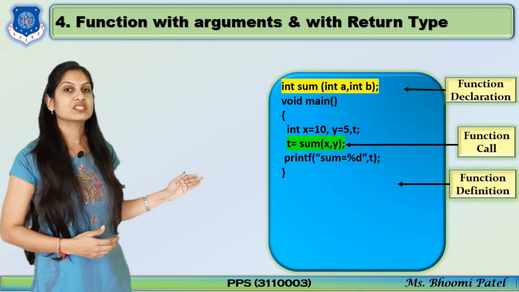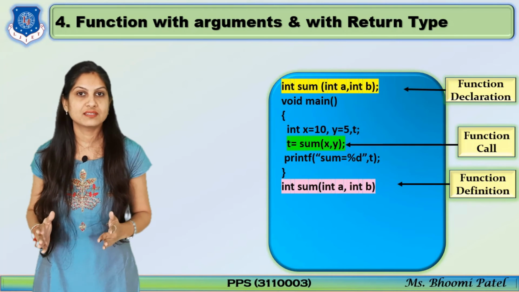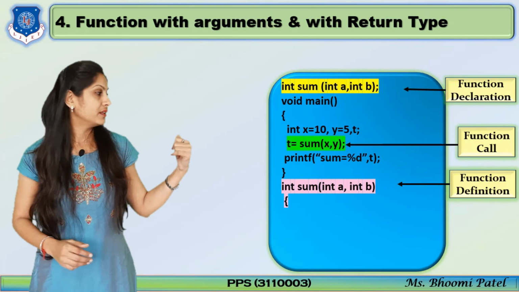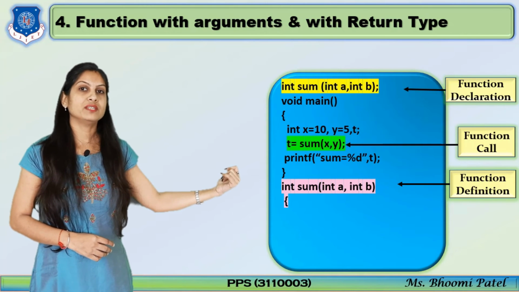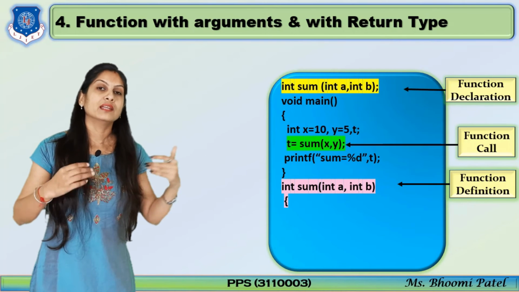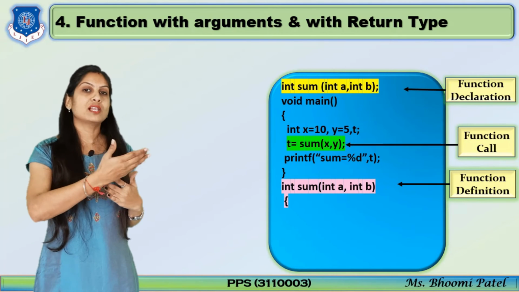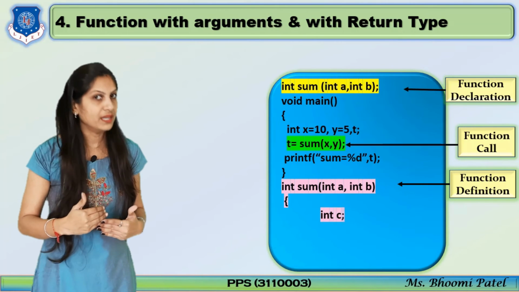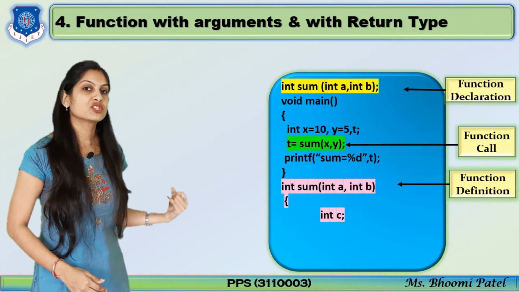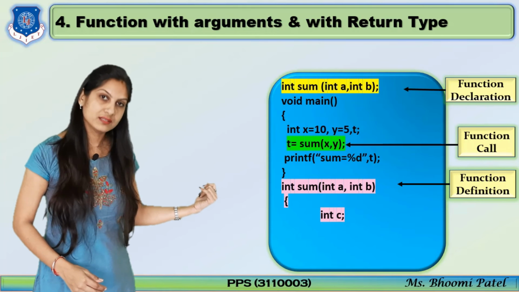Now move to the function definition. The same logic is there, the only change is the return type is integer, function name sum, and two parameters integer a comma b. The meaning is the same. Here the x value will be copied in a and the y value will be copied in b, and then the addition of these two will be stored in variable c.